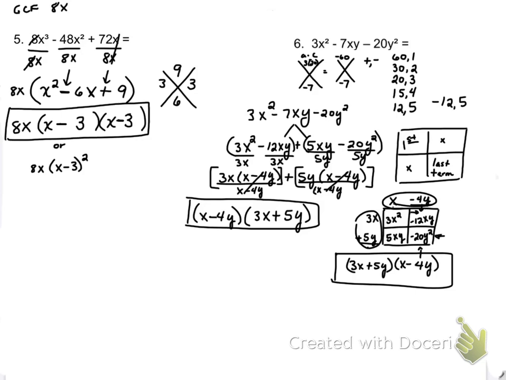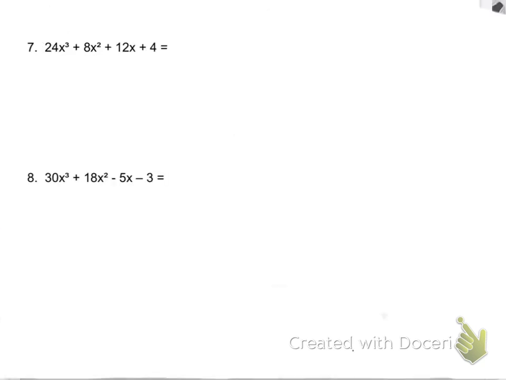All right, so let's move on to some more examples. 7 and 8. Now these have 4 terms. 4 terms, you automatically, after you do your greatest common factor, you factor by grouping. Well, looking at number 7, there is a greatest common factor, and that would be 4.